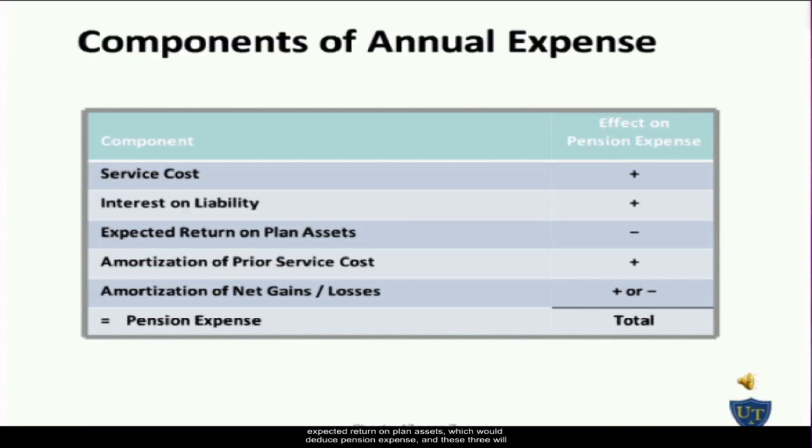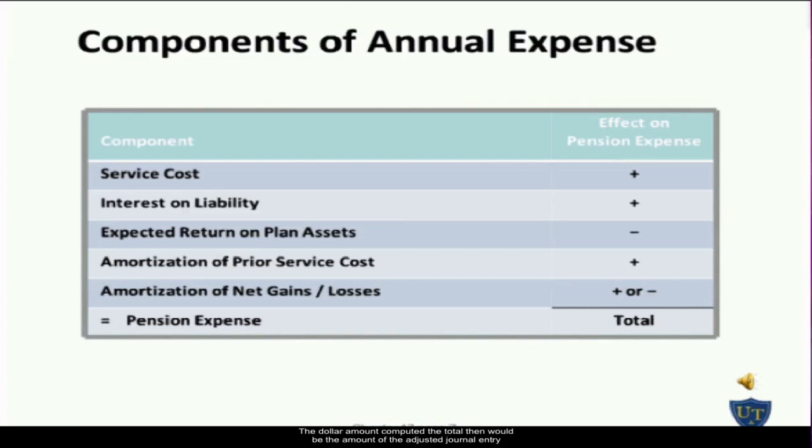The expected return on the plan assets reduces pension expense, and these 3 will always be a part of the computation of pension expense, at least for a company whose defined benefit pension plan is more than a year old. The 4th and 5th items, the amortization of prior service cost and the amortization of net gains or losses, may or may not be present depending on the estimates made by management and whether or not they've changed any of their promises.